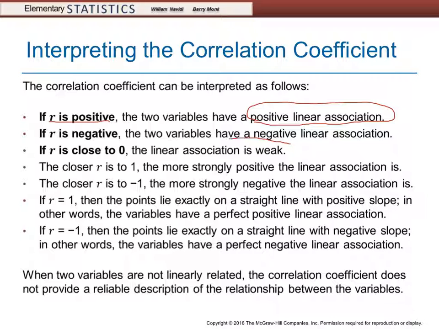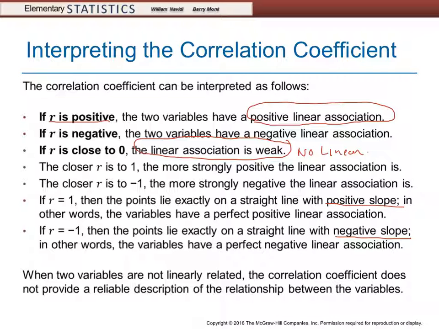In fact, if R is 0, typically we don't have any linear association at all. If it's closer to 1, it's a pretty strong linear association. If it's closer to negative 1, it's a more strongly negative linear association. So if R is equal to 1, it's exactly a straight positive line. And if it's negative 1, it's exactly a straight line with negative slope. Okay, so those are important ideas.